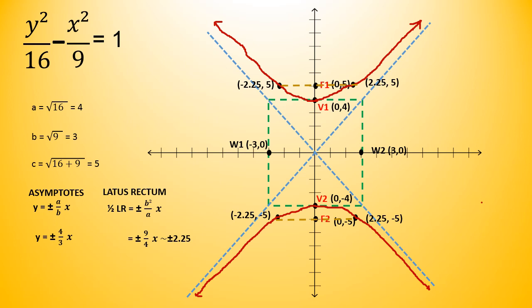So you have there the values of a, b, and c. A equals 4, b equals 3, and c, you just get the sum of the square root of 16 and 9. So you have the square root of 25, and that is equal to 5. So notice now in your graph, your vertices as well as your foci lie along the y-axis.